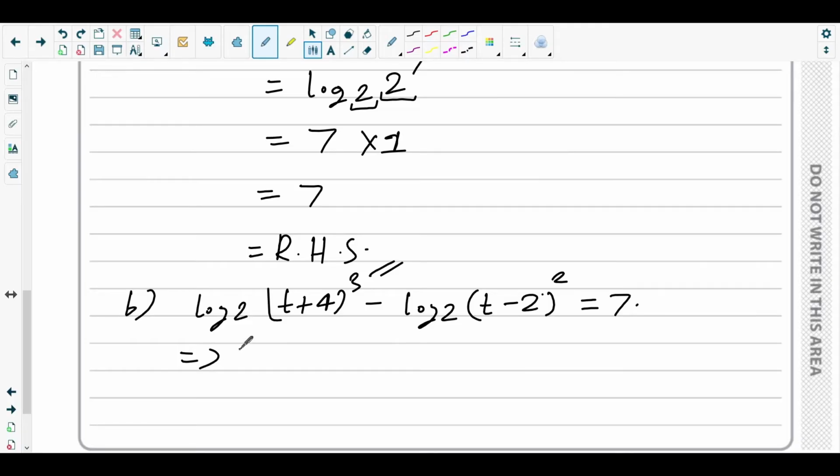Now we can take log base 2 common, since they are in subtraction, so (t plus 4) whole cubed divided by (t minus 2) whole squared equals 7.